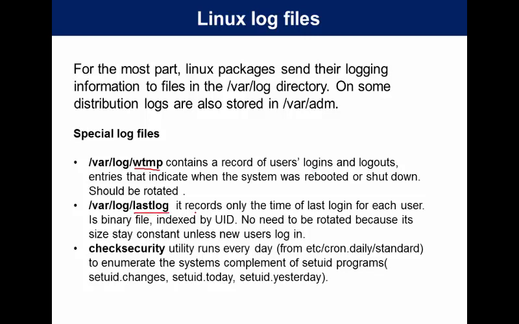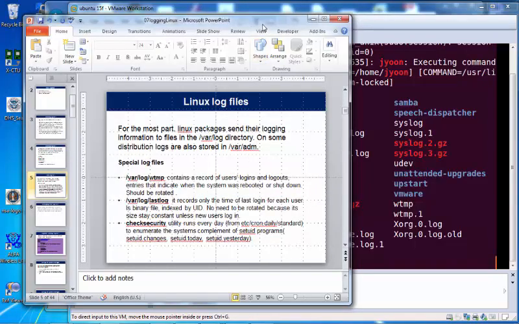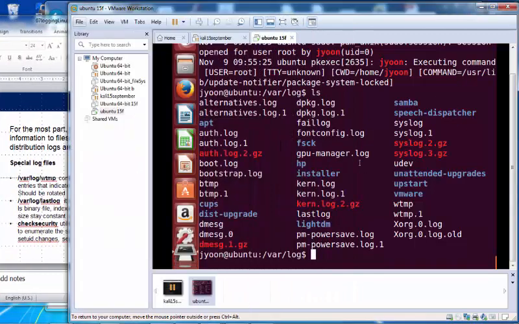Lastlog contains the time of last login for each user. So if you want to see, then you can find it. For example, since we already have that, the lastlog files here, right? So try to find out.